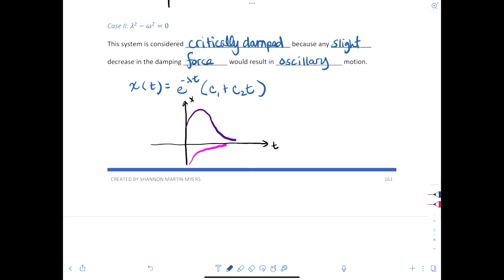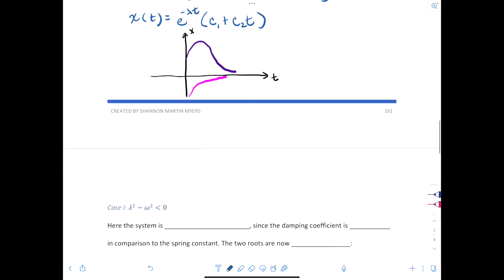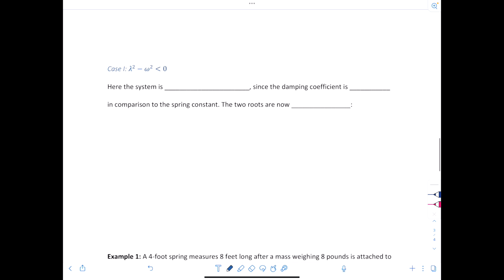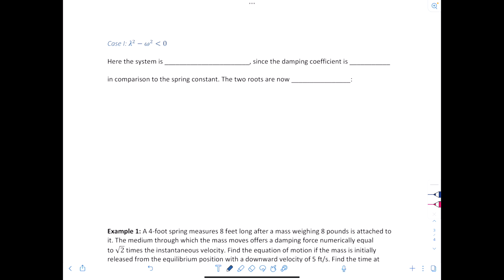Again, this one was for critically damped. Okay, now what if you get a negative in that discriminant? So when lambda squared minus omega squared is negative, the system is considered to be underdamped.